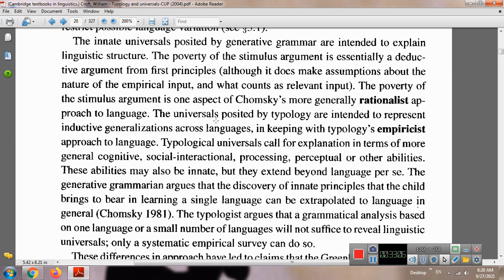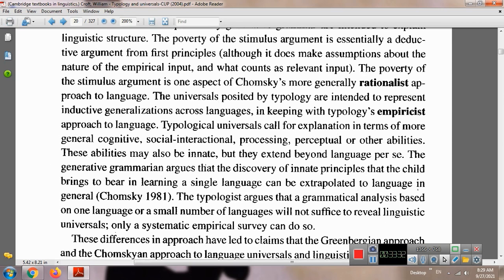The universals posited by typology are intended to represent inductive generalizations across languages, in keeping with typology's empiricist approach to language. Typological universals call for explanation in terms of more general cognitive, social, interactional, processing, perceptual, or other abilities. These abilities may also be innate, but they extend beyond language per se.